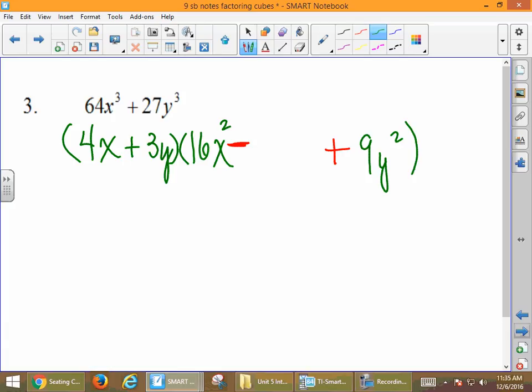And finally, remember, we already have the signs in there. 4x times 3y. 4x times 3y is 12xy. 4 times 3 is 12.